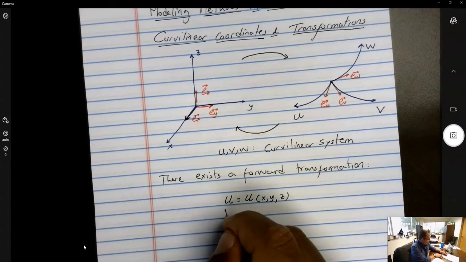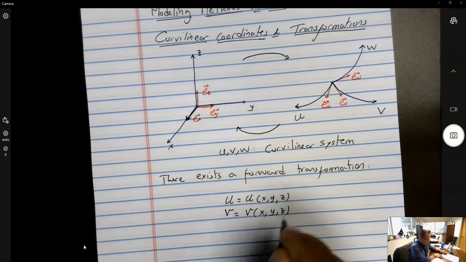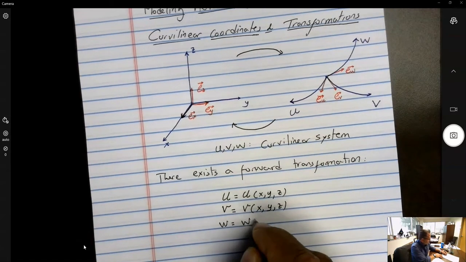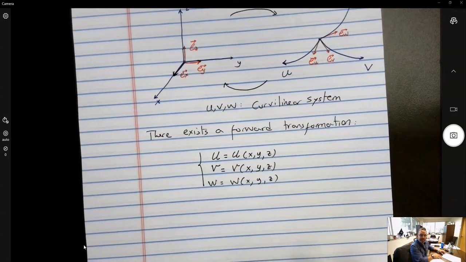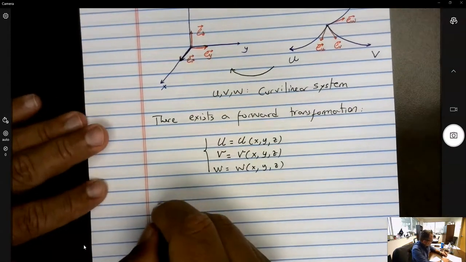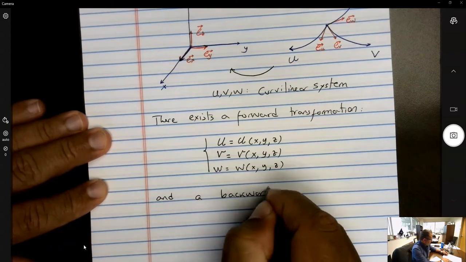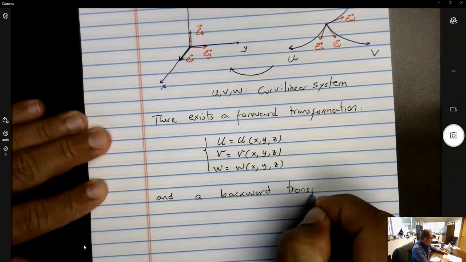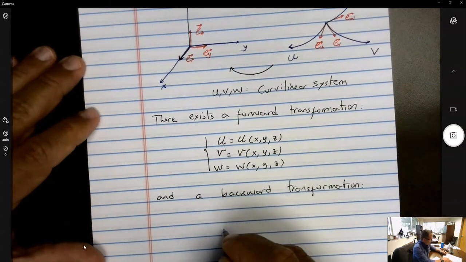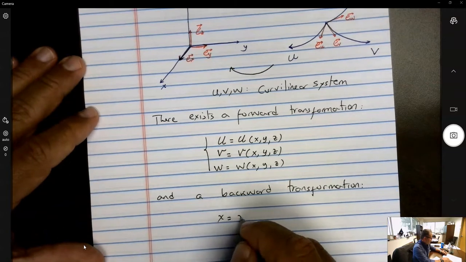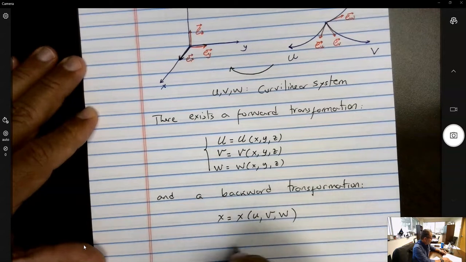So you can get U from x, y, and z potentially, V from x, y, and z, and W from x, y, and z. Likewise, there's a backward transformation which will end up being more important than the forward transformation, because it's where we can actually deduce most of the properties and characteristics of this curvilinear system.